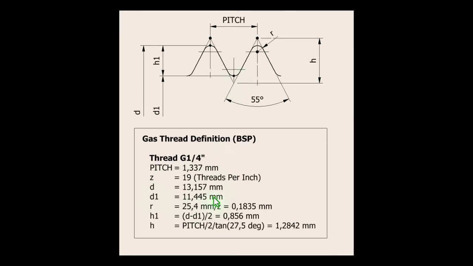This dimension is already placed on the model, the right cylinder, and we use this radius to be subtracted from H1 in order to draw this arc, or this arc.